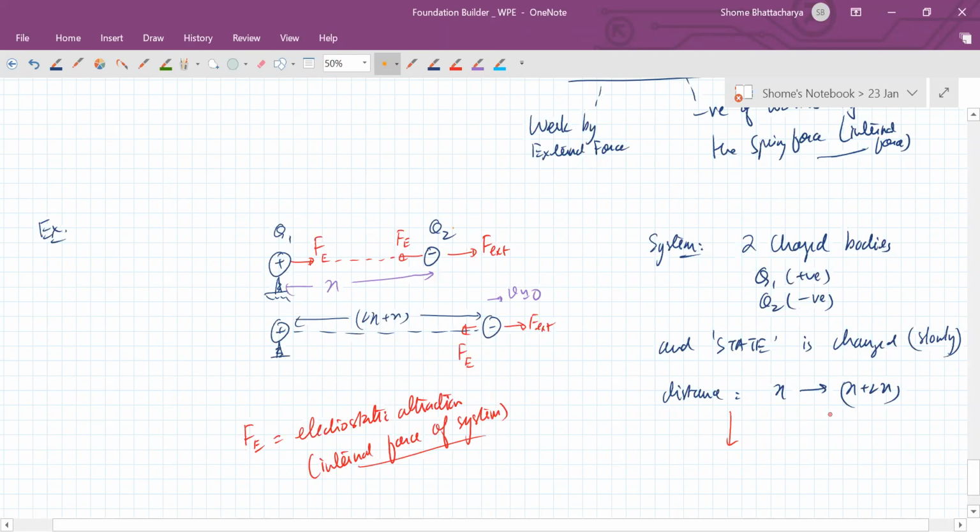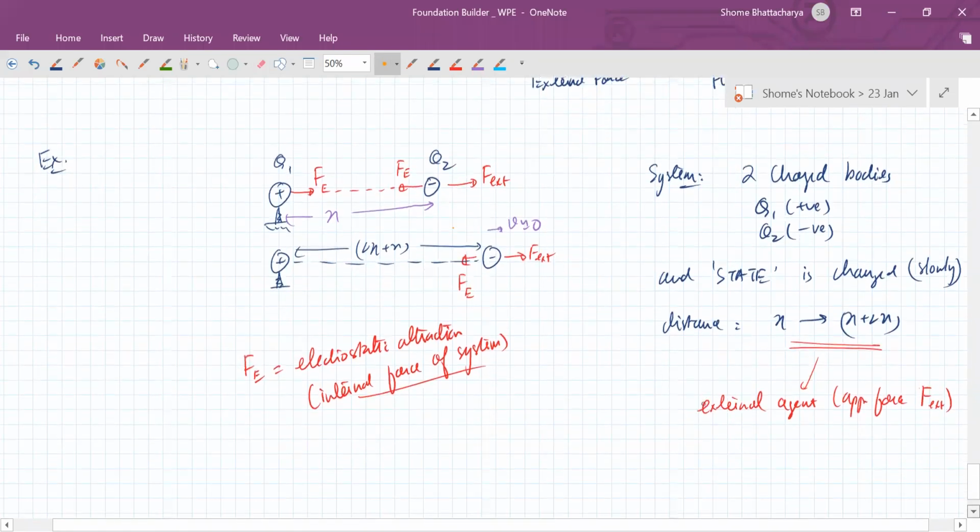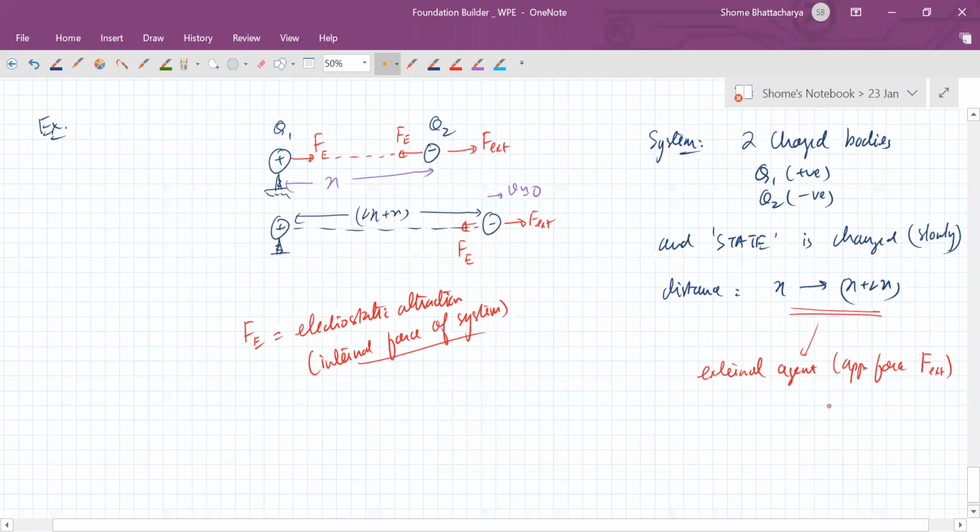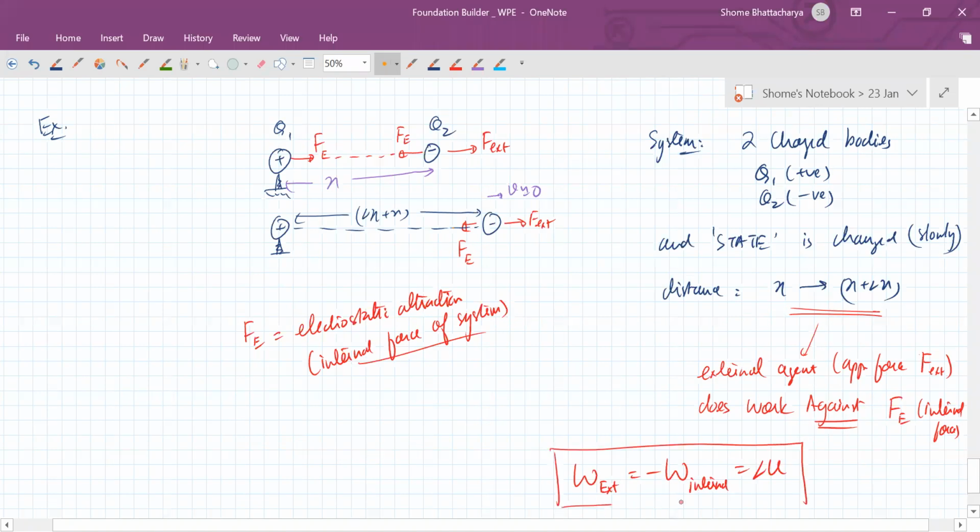In order to do this change, an external agent, applying the force F external, will have to do work against the internal force Fe. So the work done by the external agent will be the negative of the work done by the internal force, which will be equal to the change in potential energy. Just note down this example again, then we'll come to the generalized definition.